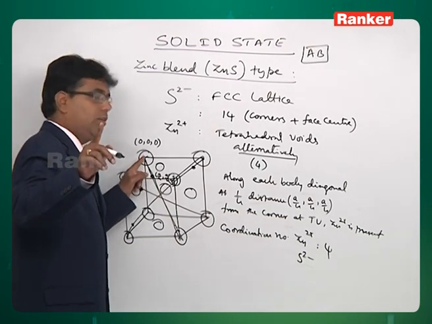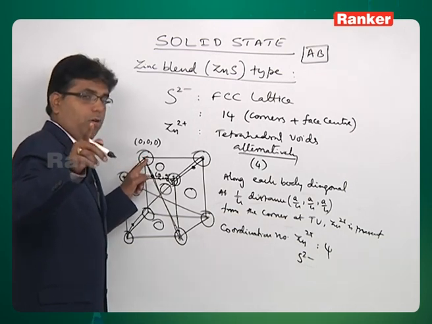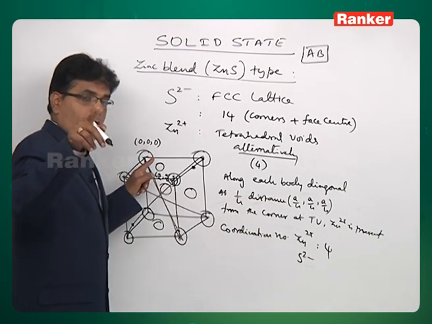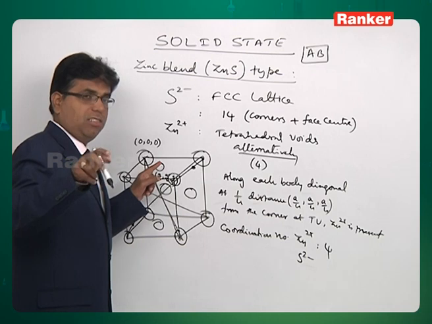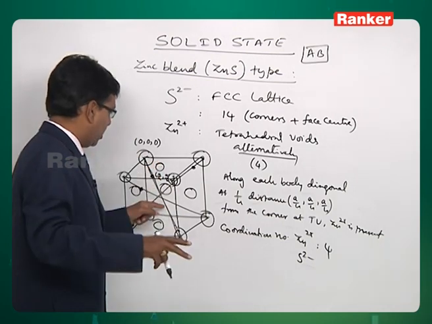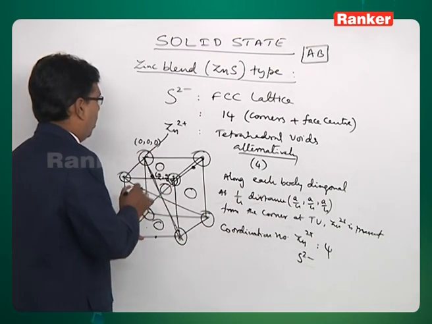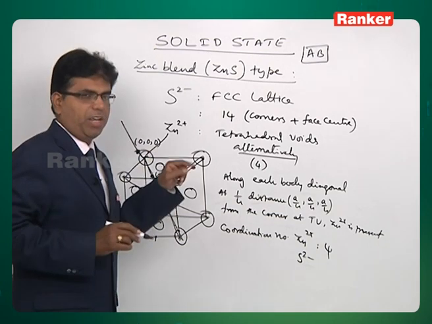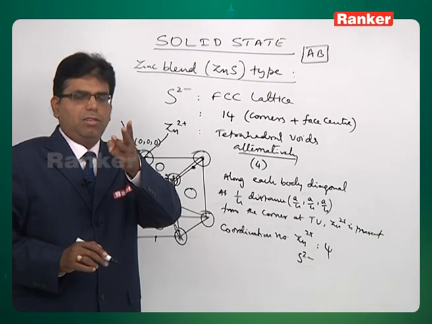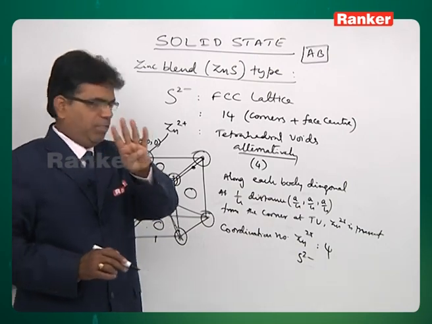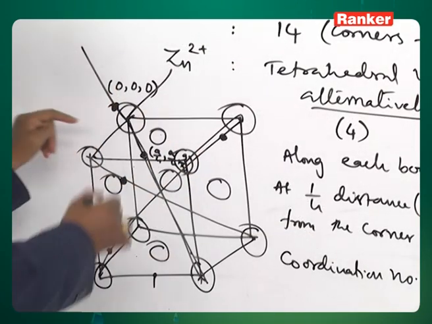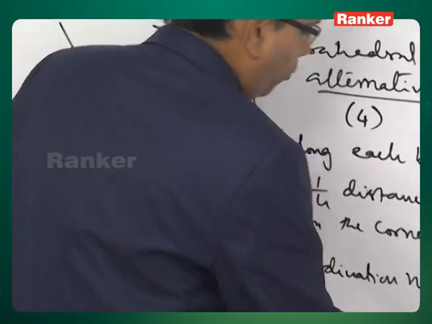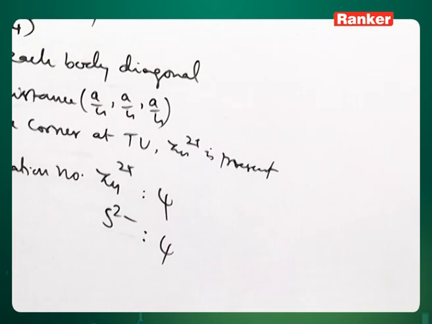So, this corner is common to 8 such body diagonals, but not all body diagonals will have tetrahedral voids, only alternate ones. So, if this has, then this body diagonal will not have, then this body diagonal again will have. Like that, out of 8, alternately if you place zinc ions, you will have 4 zinc ions surrounding this particular sulfide ion. So, for sulfide ion also the coordination number is 4.